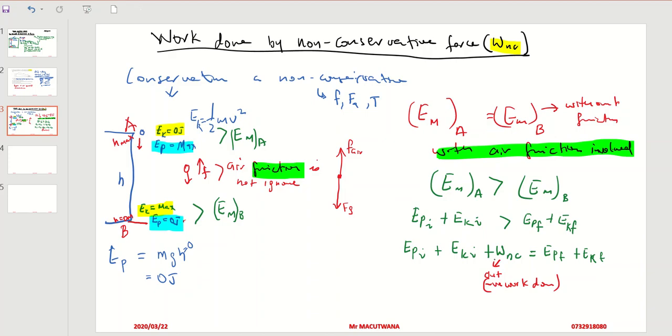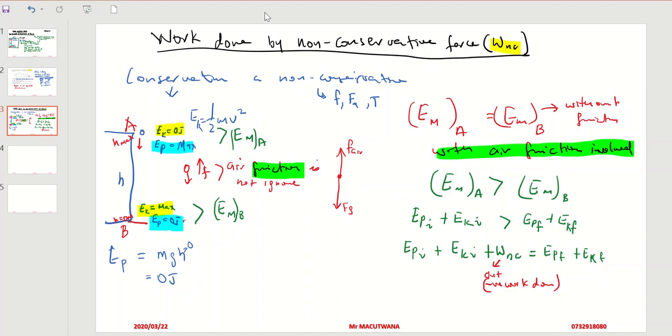So here the direction is denoted by the angle, so you do not need to think of signs. You can just write positive. So WNC now is the work done, the energy taken by friction from this energy you started with. So that if you are decreasing it now, it will be equal to that one we're saying it is smaller.